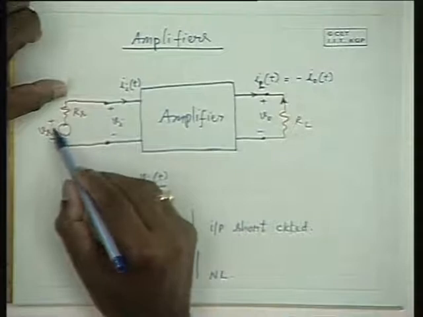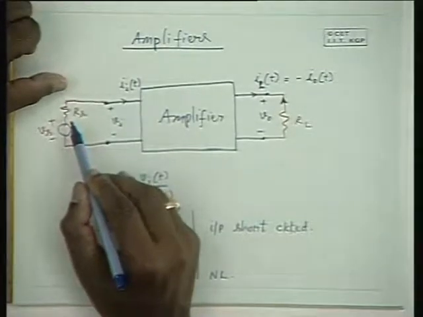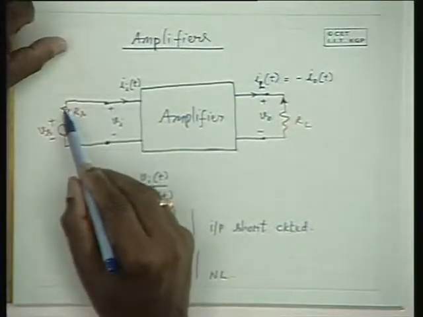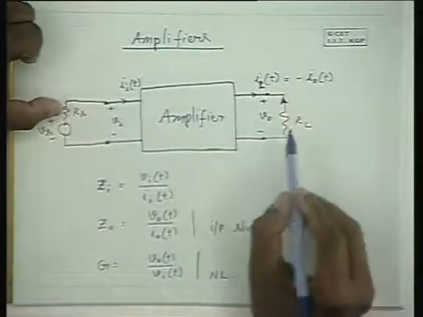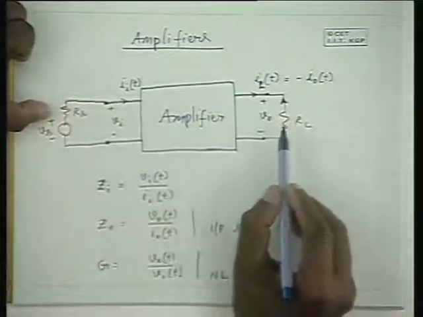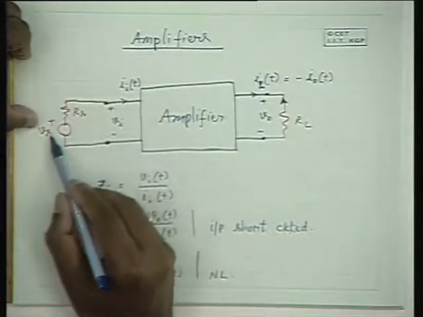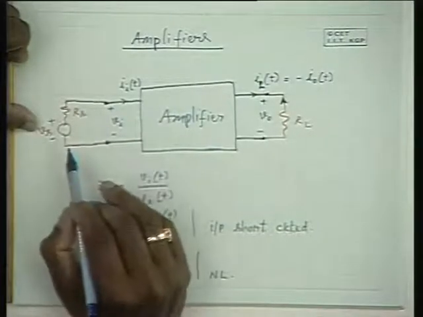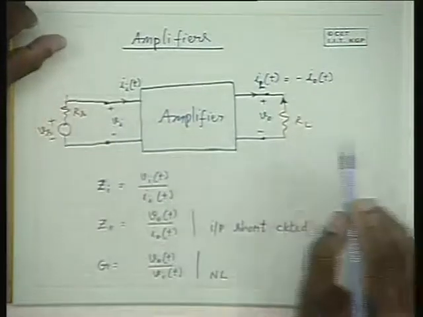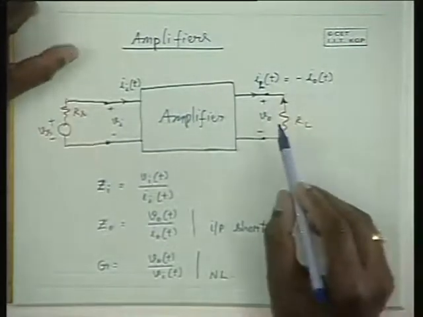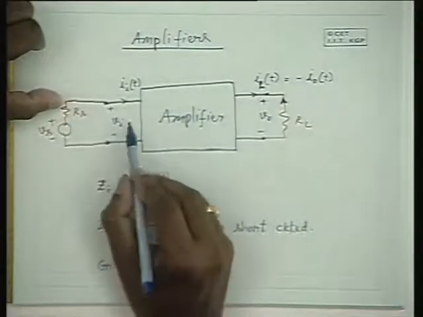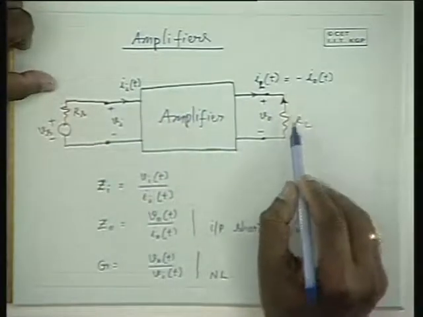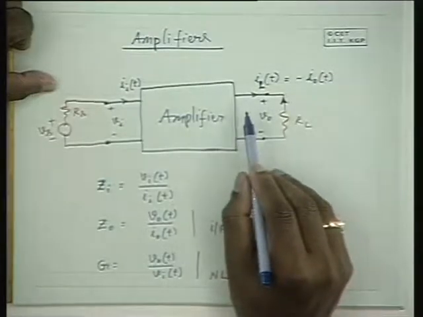And with the source included, when the source is a non-ideal source with some source resistance Rs, the gain in terms of the output voltage divided by the source's open circuit voltage has some factors: Zi by Rs plus Zi on the input side, and another factor RL by RL plus Z0 on the output side.